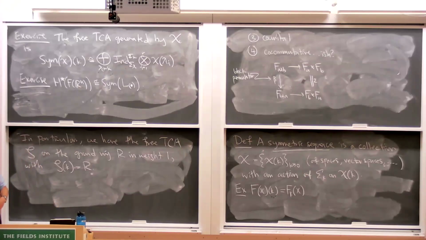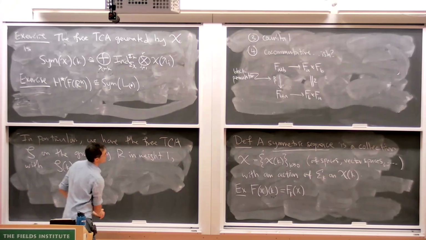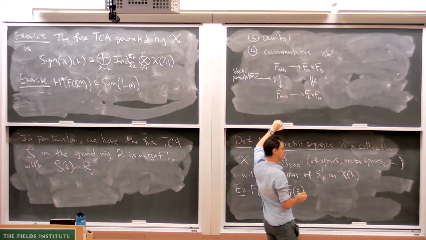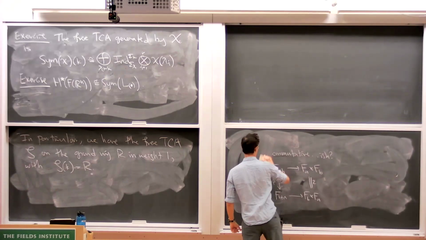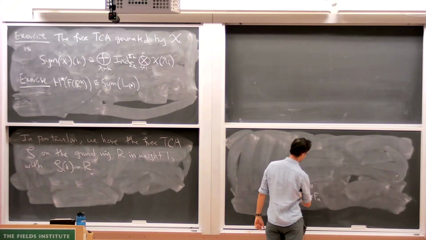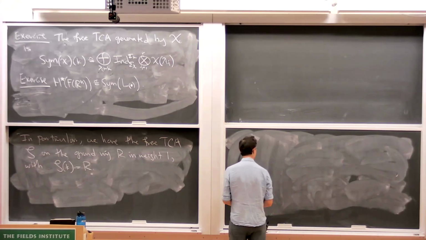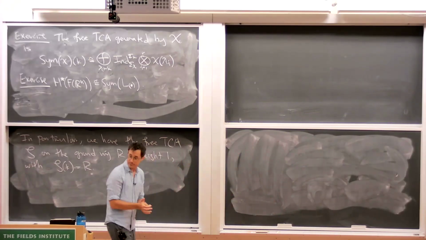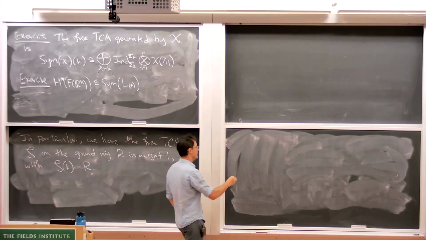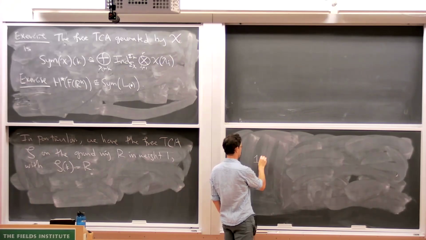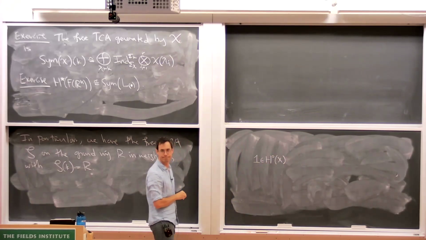Okay. Why do we care about that particular twisted commutative algebra? Well, it's something that we definitely know is acting no matter what. So what we can do is we can look at the unit in H0 of our space.